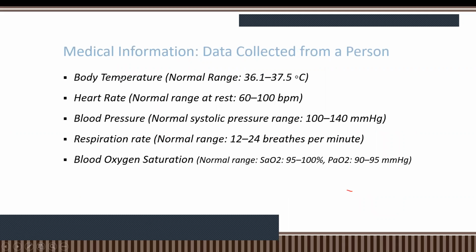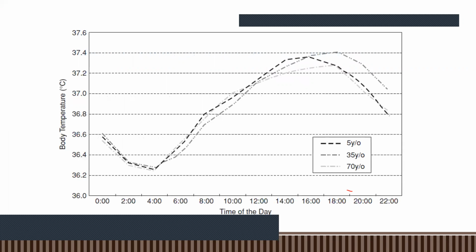We have already gone through important data collection measures taken by the use of different sensors and devices, and some of them can be consistently monitored as well, for example temperature and heart rate. Body temperature varies throughout the day, but it is primarily within a range of, let's say, 1 degree centigrade.